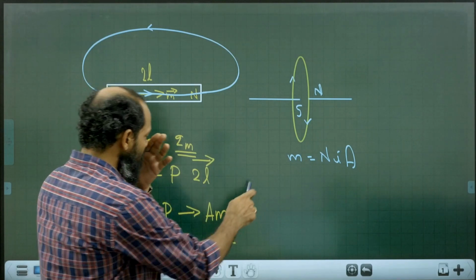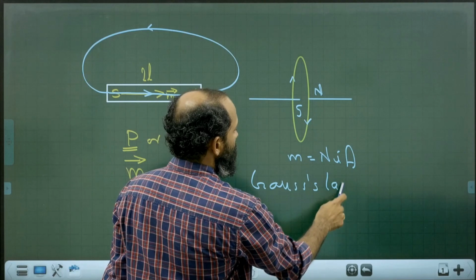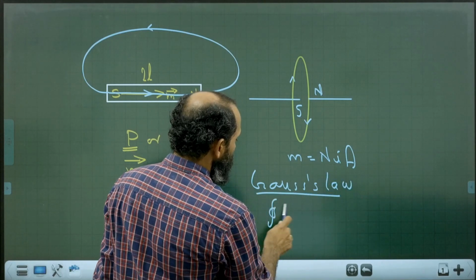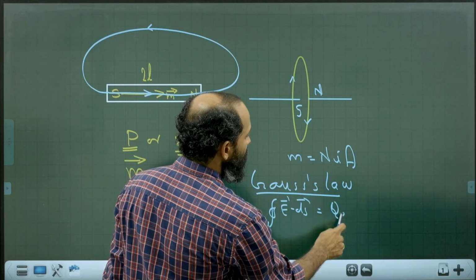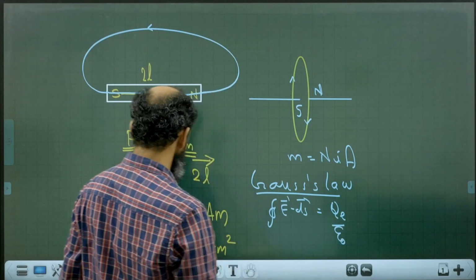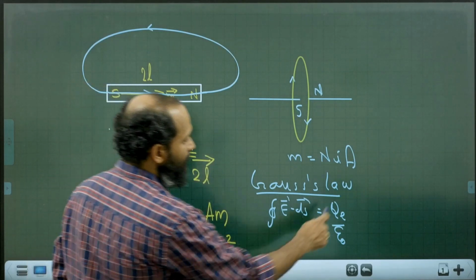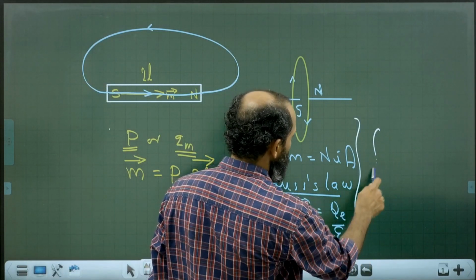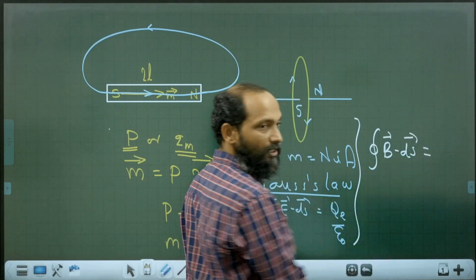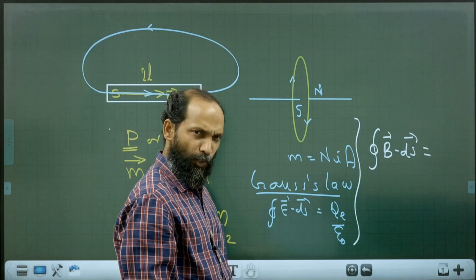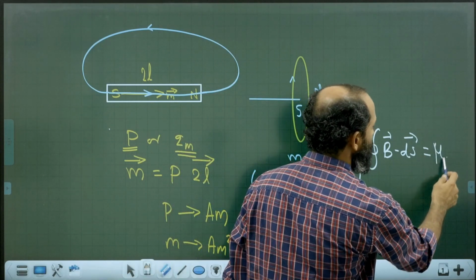What is Gauss's law? Gauss's law states that closed integral E dot ds is equal to Q enclosed divided by epsilon naught. Here in magnetism, if you try to find out a similar law, you'll write closed integral B dot ds equal to, normally we should write 1 by epsilon 0 replaced by mu 0.